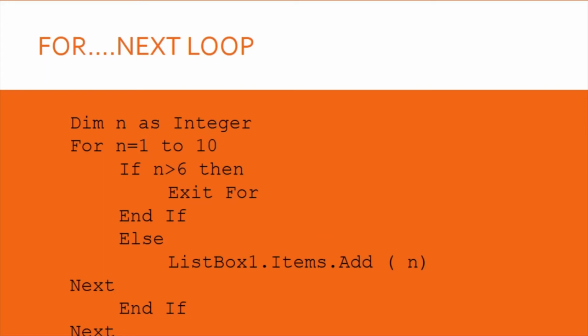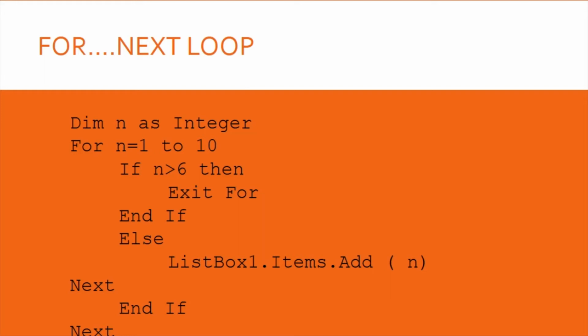Okay, next example here. Declare n as integer. For n equal to 1 to 10, we put a condition here using the If statement. So if n is bigger than 6, then exit the loop.